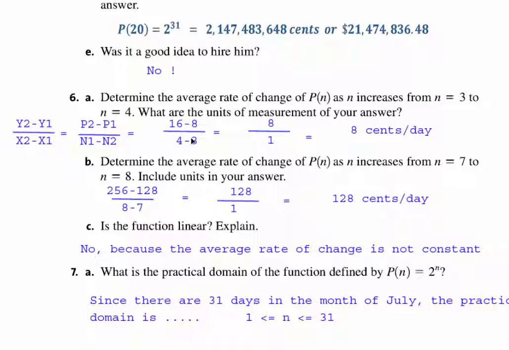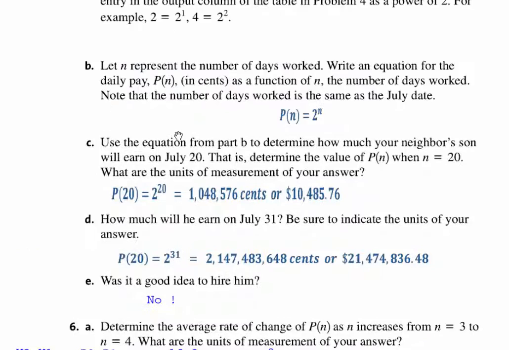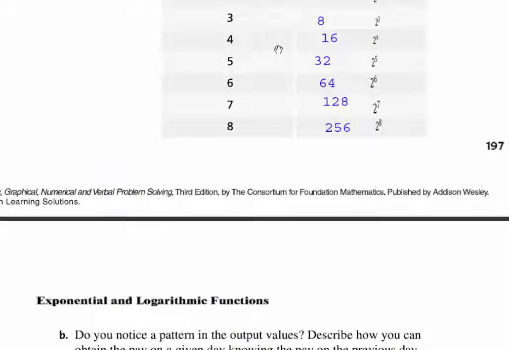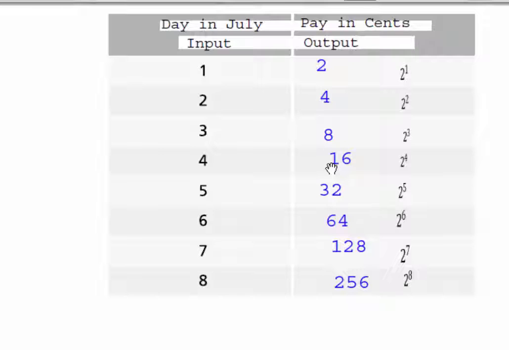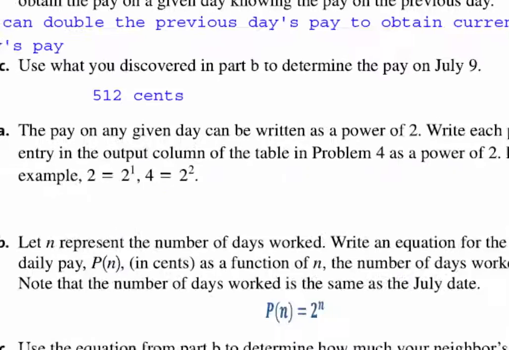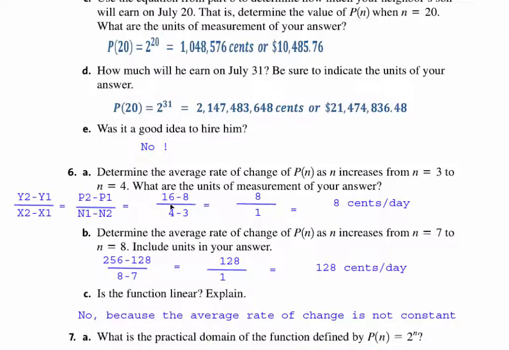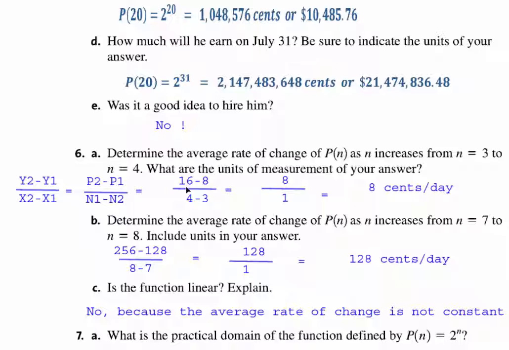So from the 3rd to the 4th, remember from our table, if I scroll back, he earned 8 cents on the 3rd and 16 cents on the 4th. So to calculate our slope, we would do the pay on the 4th minus the pay on the 3rd over the 4th minus the 3rd to get 8 over 1, which is 8 cents per day.